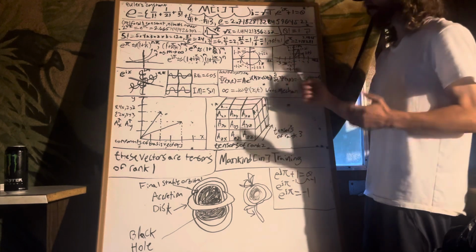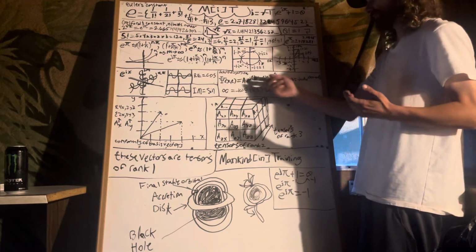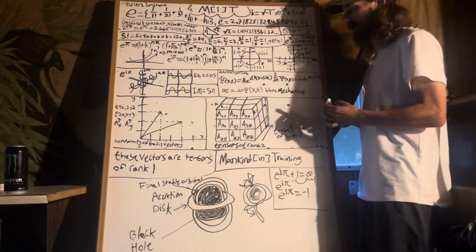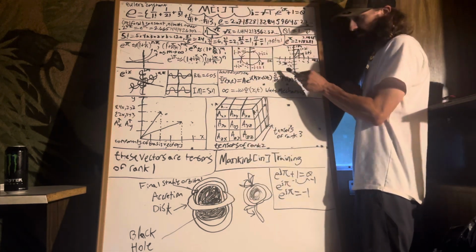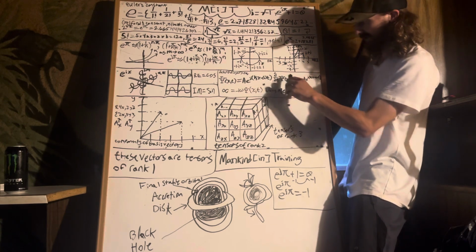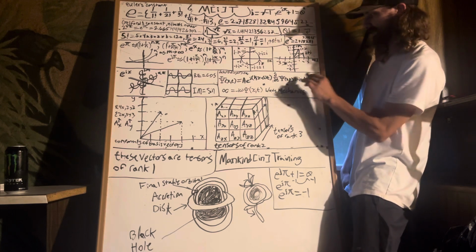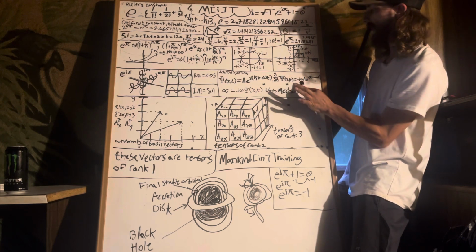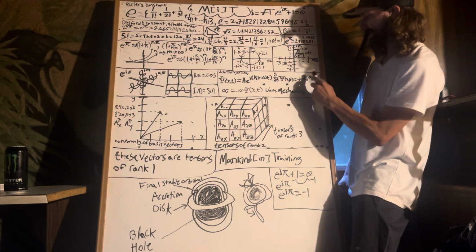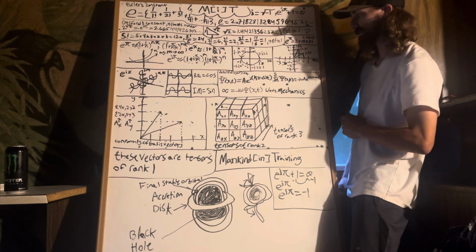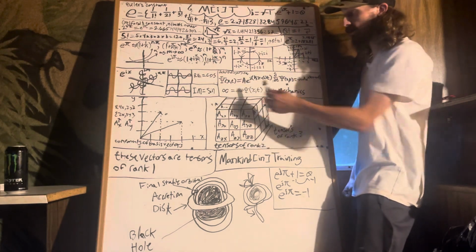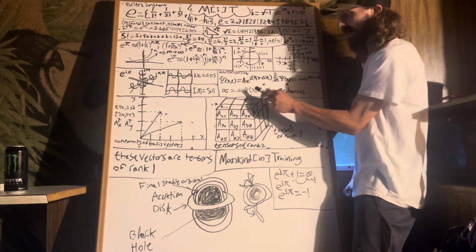The cool thing about this is if you take the partial derivative with respect to time of the function psi of x and t, it's equivalent to negative i omega A e to the i(kx minus omega t), which is proportional to negative i omega psi of x and t.